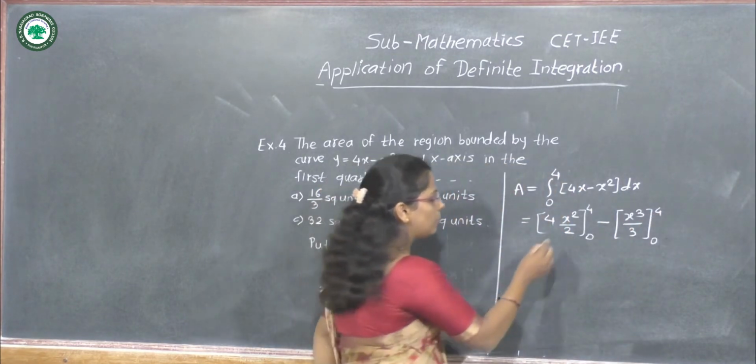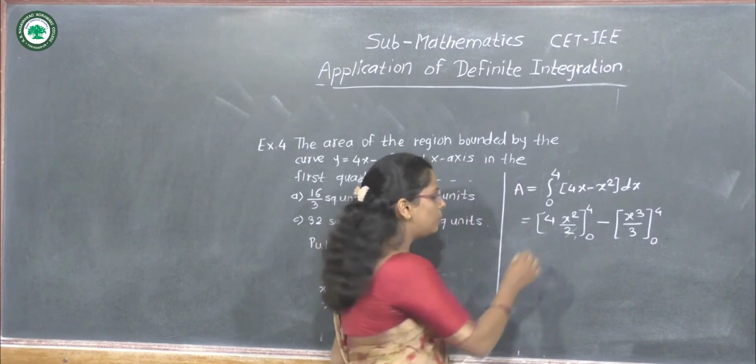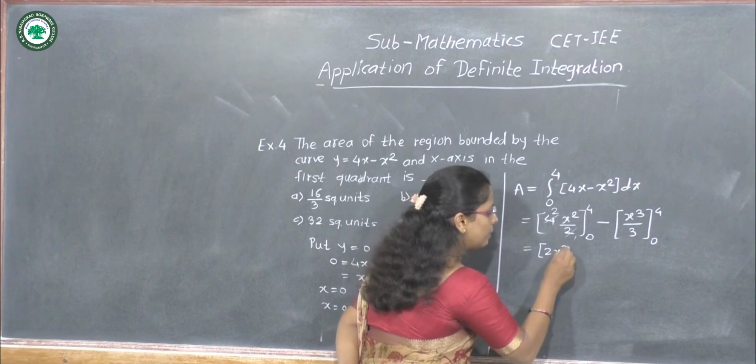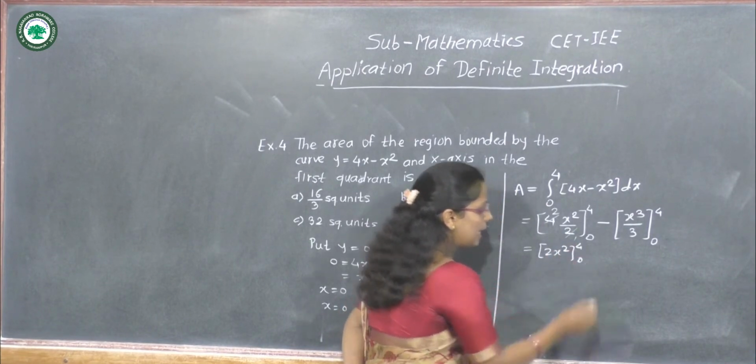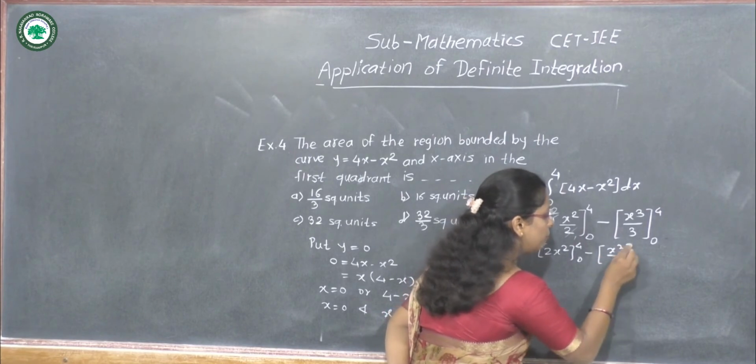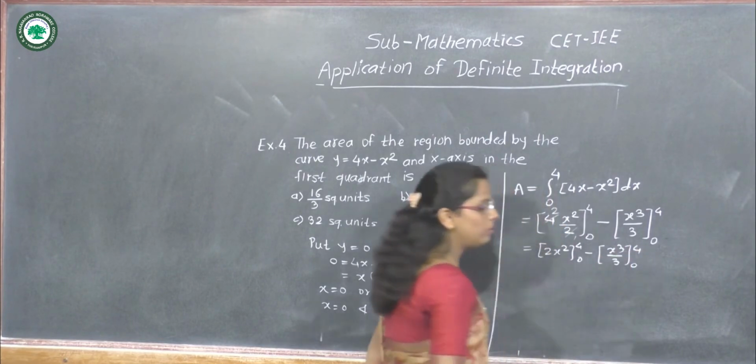Now put the values: we get 2x square with limits 0 to 4, minus x cube upon 3 with limits 0 to 4.